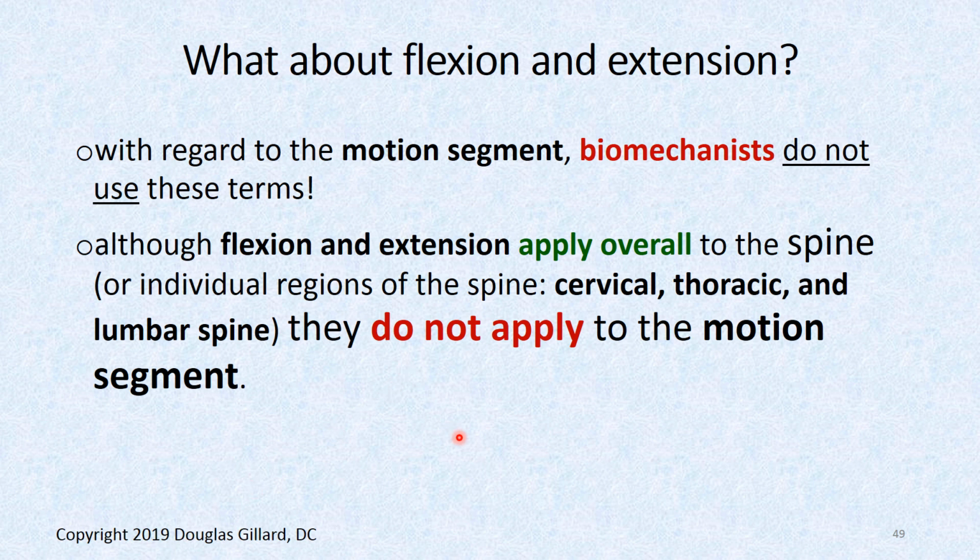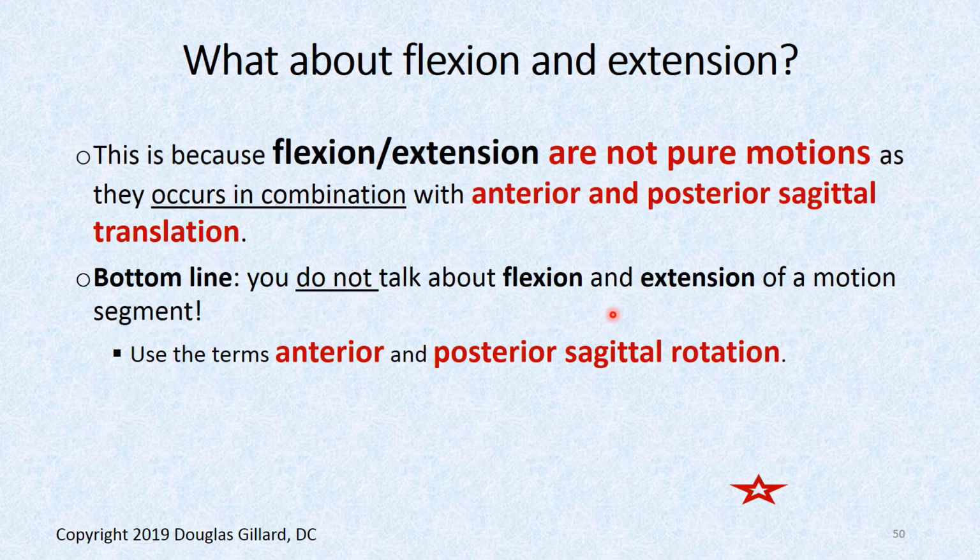So, with regard to the motion segments, we should say that biomechanics don't ever use the term flexion and extension with a motion segment. Flexion extension can be applied to the overall spine, but not the motion segment. Because flexion extension, we learned, is not a pure movement. Remember, it's coupled with anterior and posterior translation.